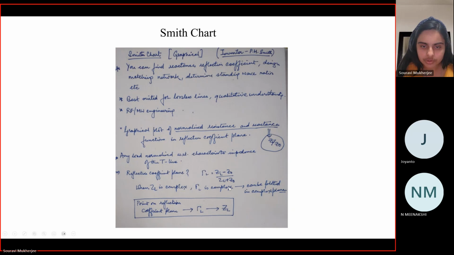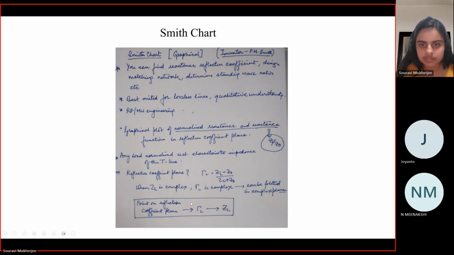Okay, so because it's a complex quantity, it can be plotted in a complex plane. So that makes the reflection coefficient plane. So that means any point in the reflection coefficient plane corresponds to a value of the reflection coefficient, which is again linked to a value of the load impedance.